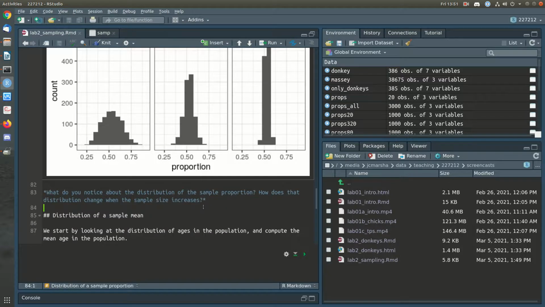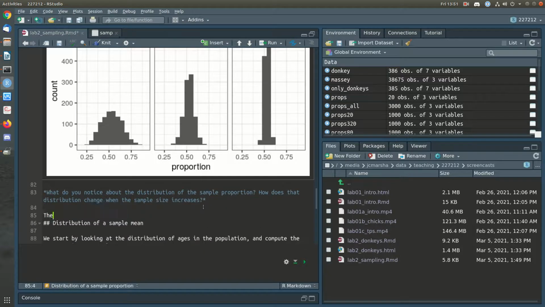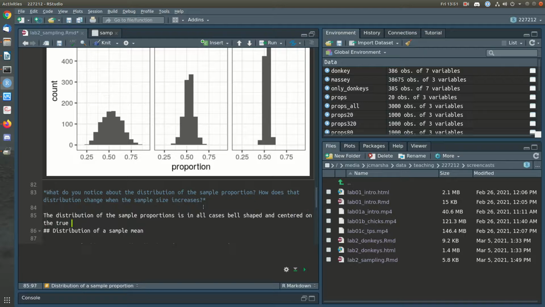So the distribution of the sample proportions is, in all cases, bell-shaped and centered on the true population proportion female of 52.8%.